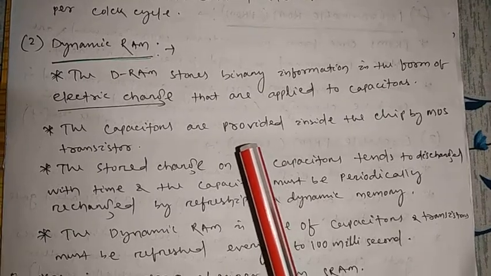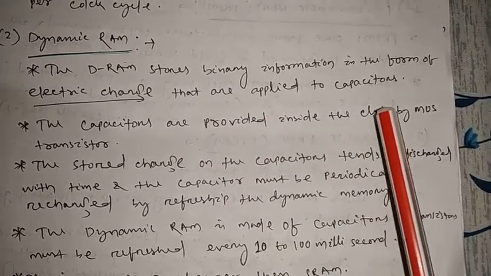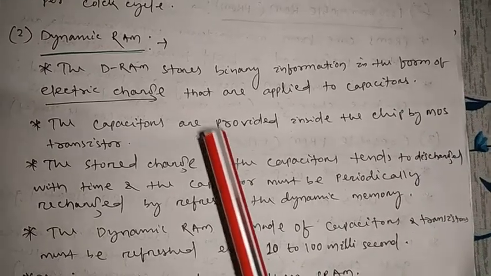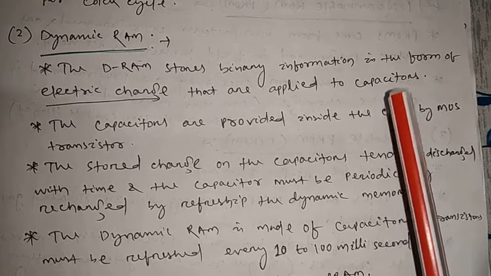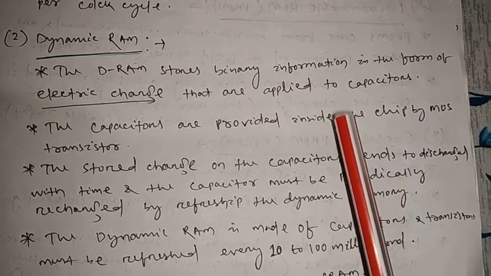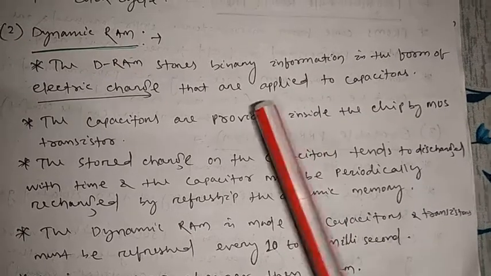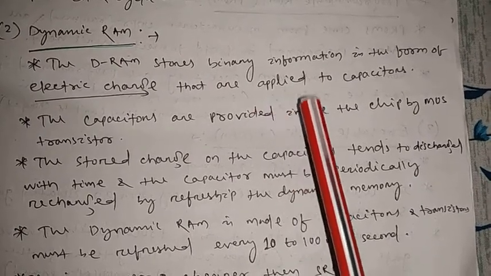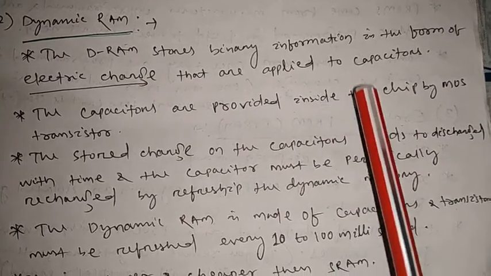That's why dynamic RAM is there. DRAM stores binary information in the form of electric charge that is applied to capacitors. Static RAM holds the data in binary form, that is 0 and 1, but DRAM stores binary information in the form of electric charge applied to capacitors.